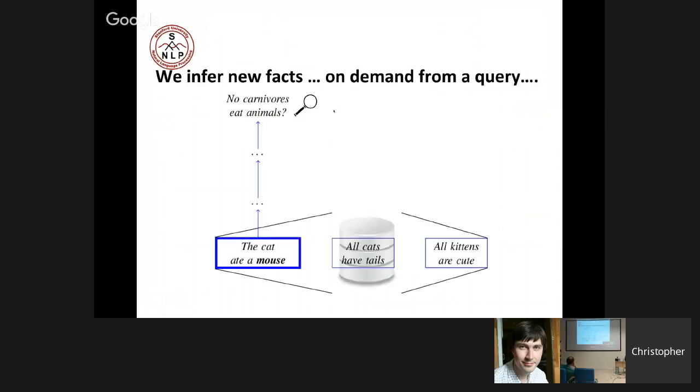So instead what we're going to do is the opposite, that we're going to infer whether things are facts on demand from a query. So if we have a query of interest, we think it might be the case that no carnivores eat animals, then what we want to be able to do is run backwards from that query to see what our knowledge base says.